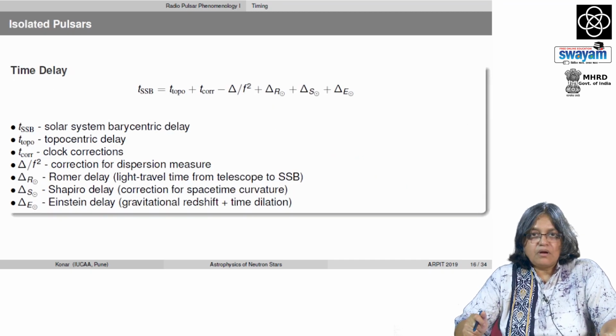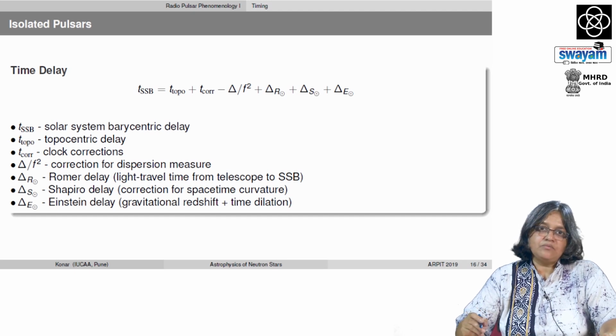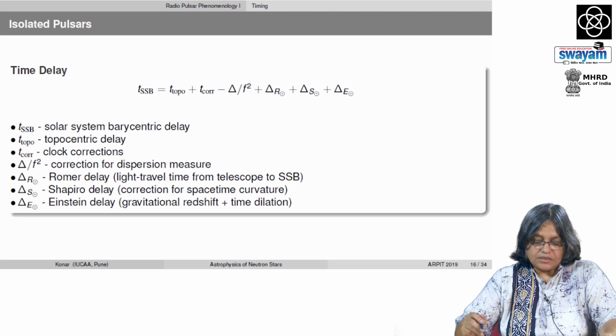Now, we have seen that there would be delays in the time of arrival, but what are the reasons for such a delay? Now, we can actually pinpoint the reasons for such delays.